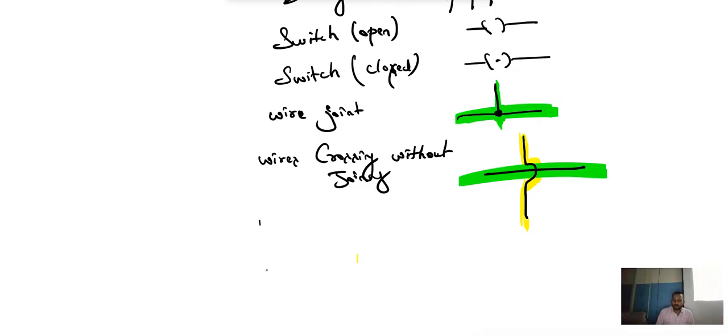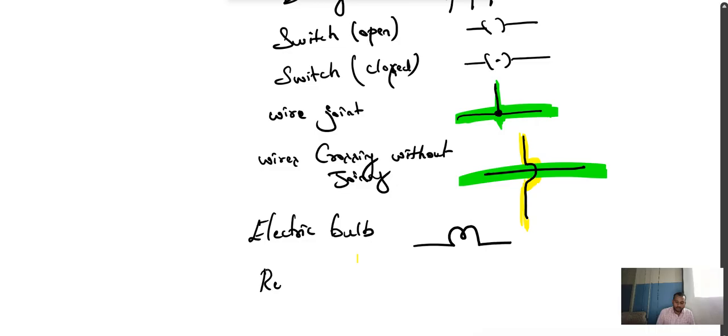Next case, electric bulb. If we draw the shape like this, it's sufficient. This is the shape of a bulb. Next, a resistor of resistance R. This is the symbol.